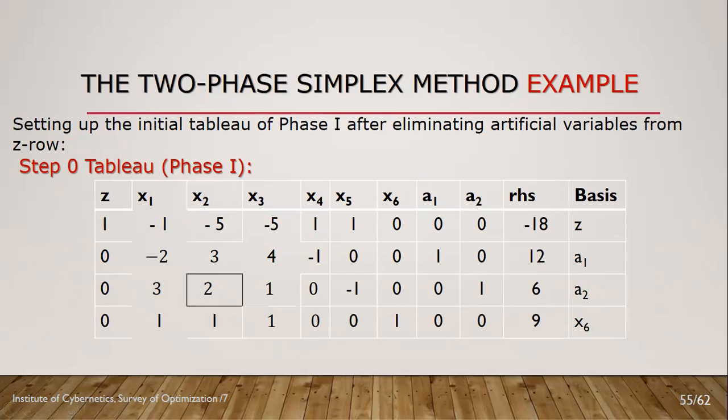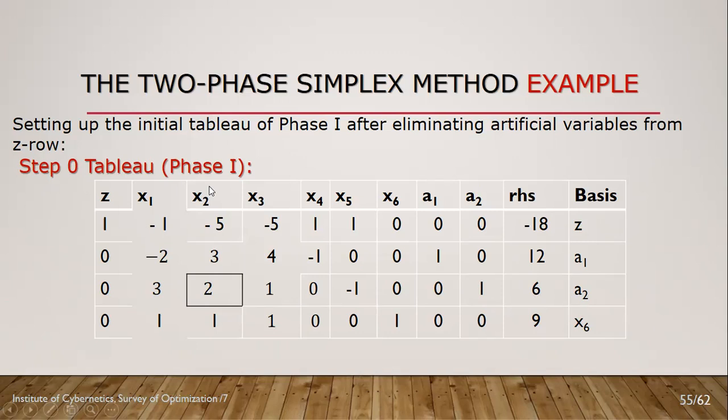Then we find the ratios: here it is 4, here it is 4, here it is 3, and here it is 9. The lowest is 6 divided by 3 out of these ones. So we select this one for the leaving variable. This is the pivot row, and this is the pivot column or the pivot variable.